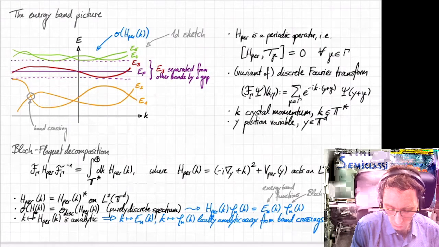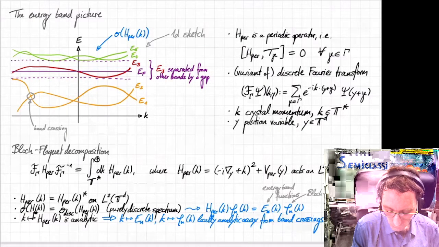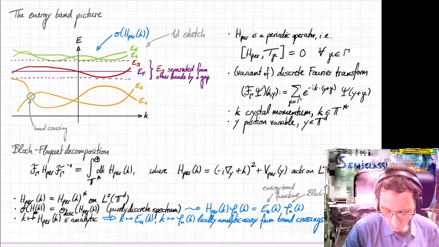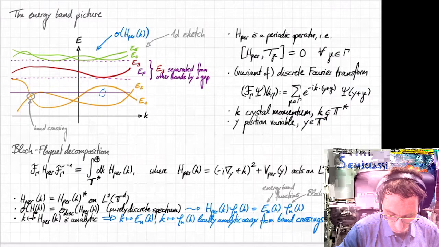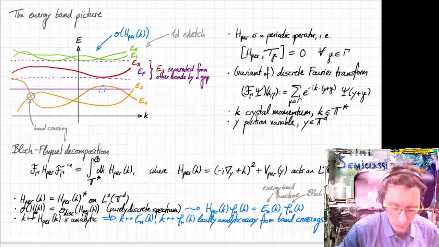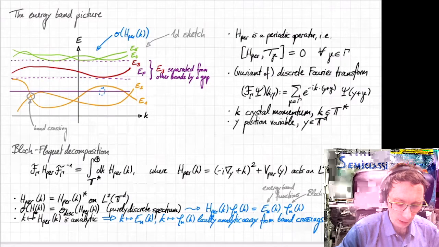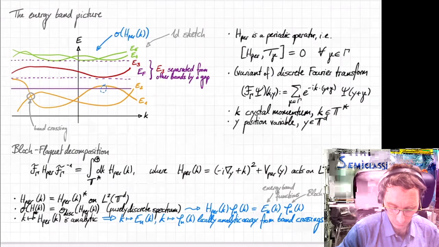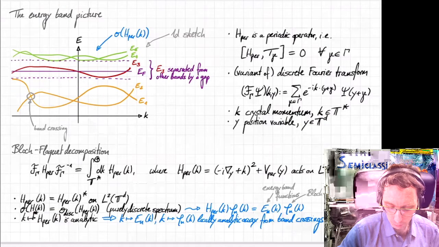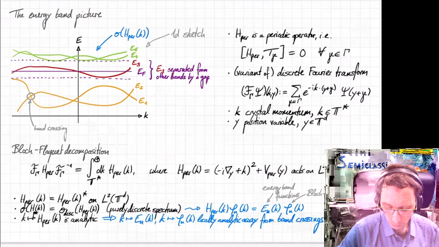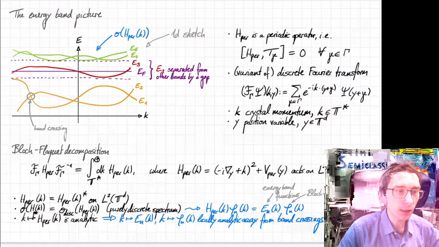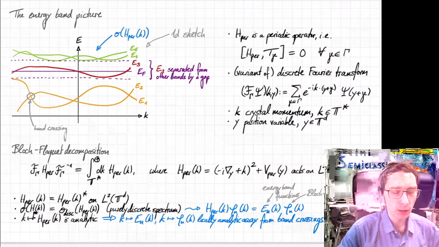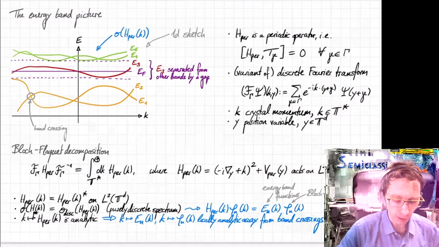Nevertheless, let me also explain something else. Of course, you can move the Fermi energy to different levels, and depending on where you are, the band that it intersects with is different. This will be important in our semi-classical description, because depending on which bands the Fermi energy intersects with, I will have a different effective description.